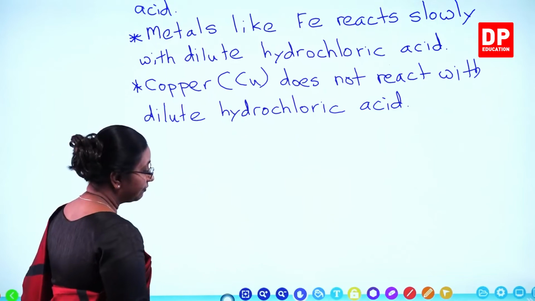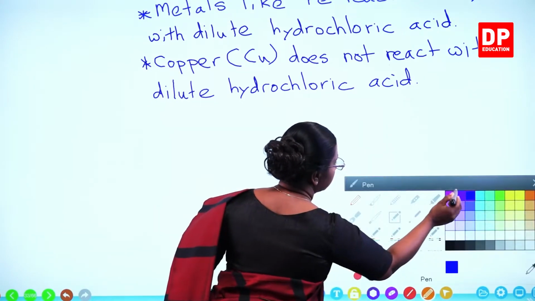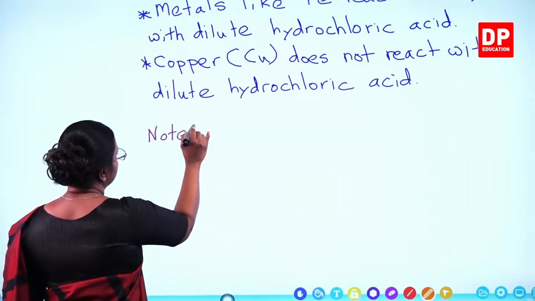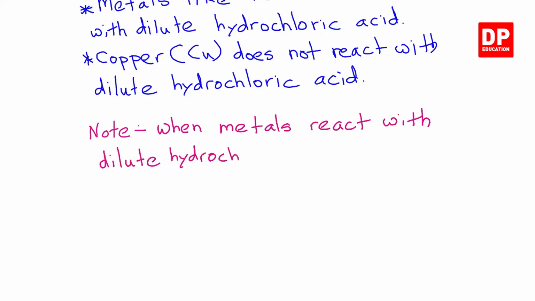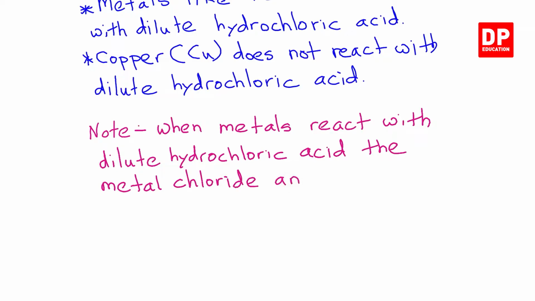And from this, you will have to note, students. Now, as a note, when metals react with dilute hydrochloric acid, the metal chloride and hydrogen gas are produced.